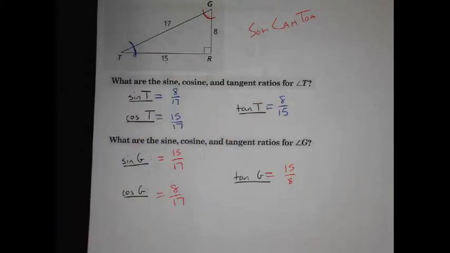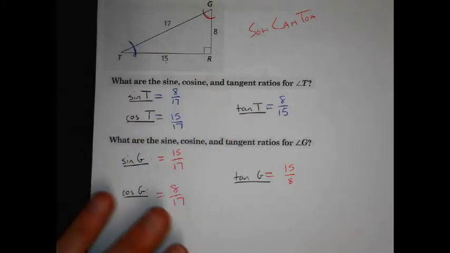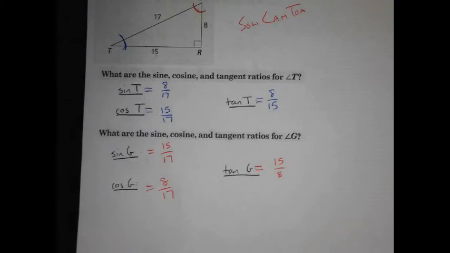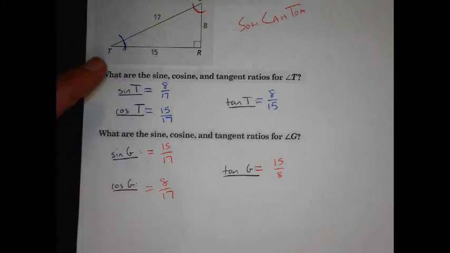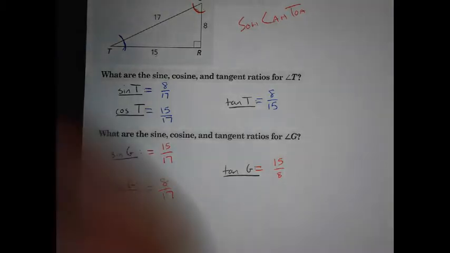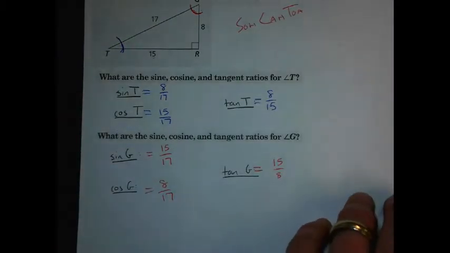That's a neat thing: the more you pay attention, the better off you'll be, because that's where shortcuts come in. So if I give you the sine of angle T, the cosine of the complement is going to be equal to the sine of the given angle. But you'll discover that if you're paying attention.